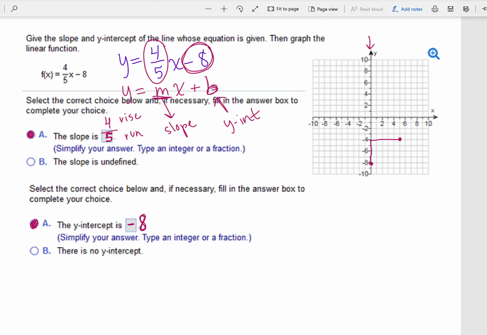And then again, rise up 4. 1, 2, 3, 4, and run 5. 1, 2, 3, 4, 5. Oops, I went too far. Let's try that again. 1, 2, 3, 4, 5. Oh, no. Okay. I was right.